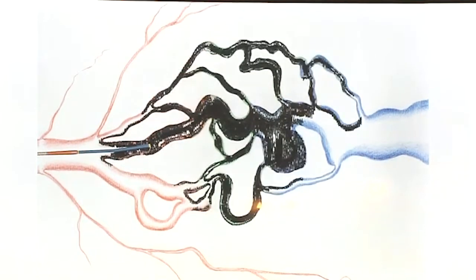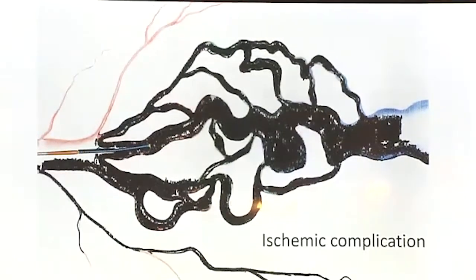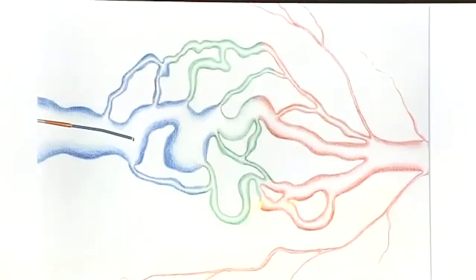This is schematic, but why is the transarterial approach not very good? Only transarterial embolization without a transvenous one can lead to occlusion of normal vessels and possible ischemic complication. Why is the transvenous approach preferred? This is the same picture, only with a transvenous approach.